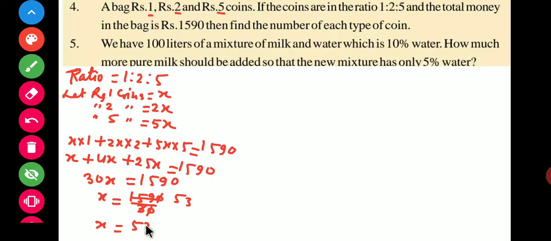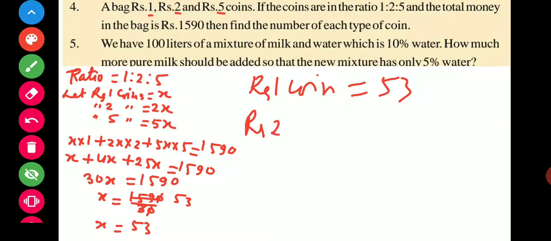Find the number of each type of coin. So the number of rupees 1 coins is x, which is your 53. Rupees 2 coins are 2x, so 2 into 53, the answer is 106.